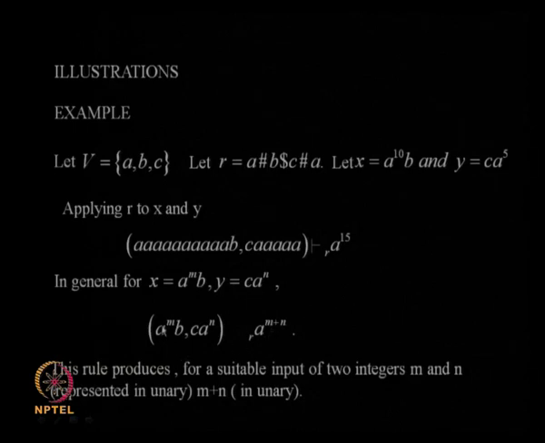If you have m and n in unary, m is represented as m A's, and n is represented as n A's. So, you get the addition in unary; it performs addition in unary. For example, taking this A power 10 B and C A power 5, you will get A power 15. How is this obtained?